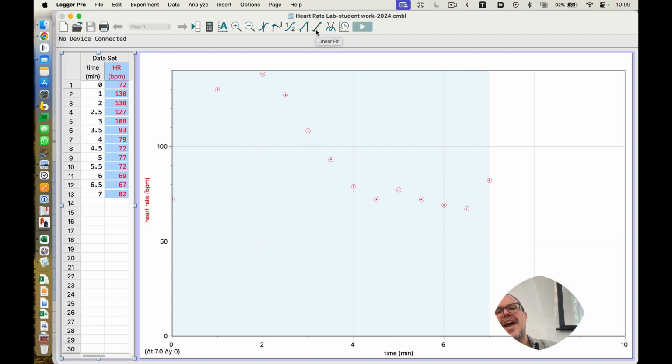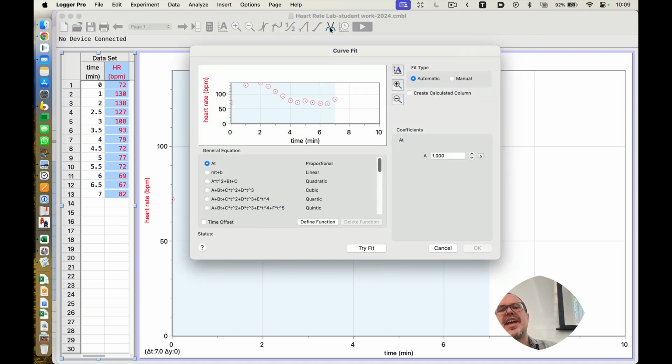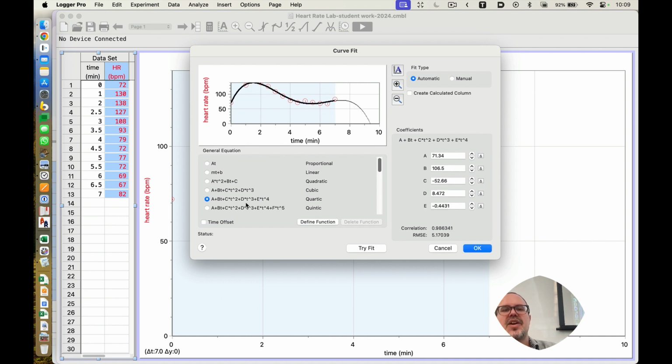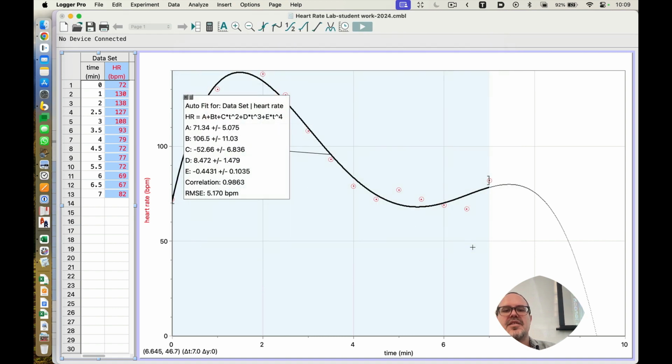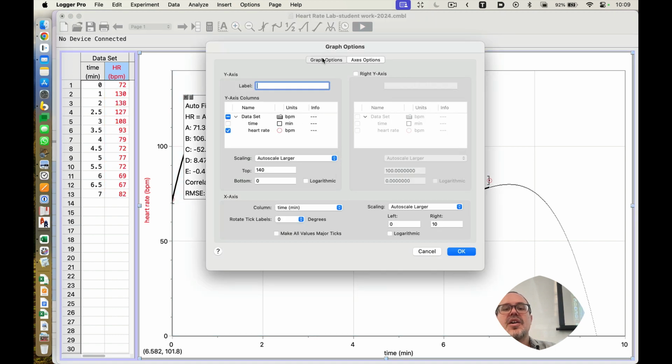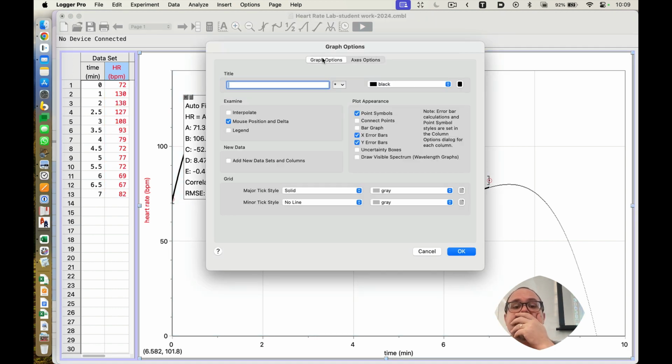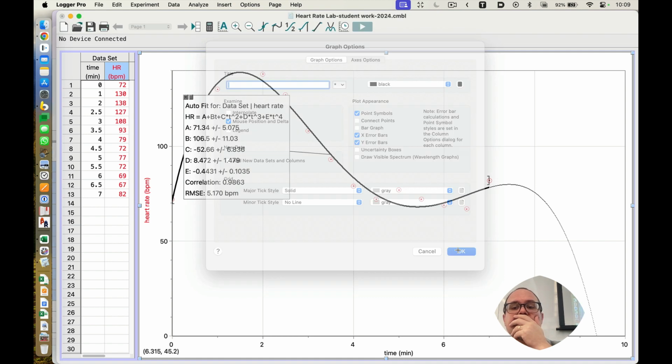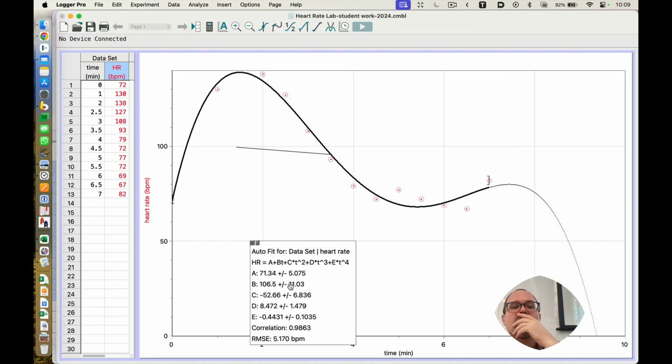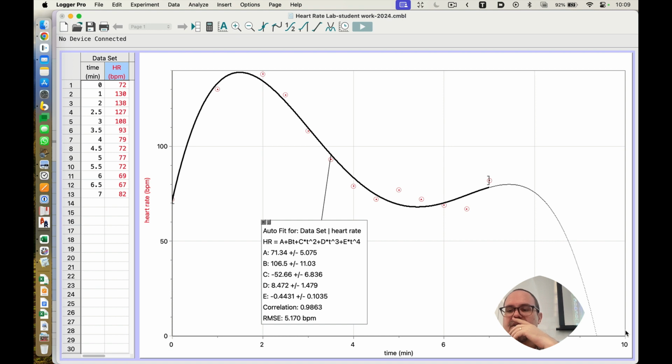Now, this is a wacky pattern, and I don't think we're going to get a nice mathy function. So in this case, we're going to do the horrible fit, I really hate it. Oh, actually, that's not bad.